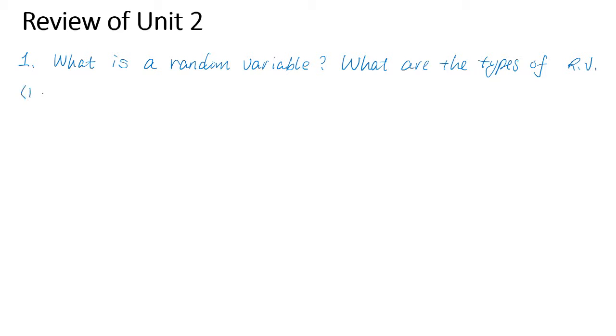There are two types of random variable. The first one is called discrete. The second type is called continuous.